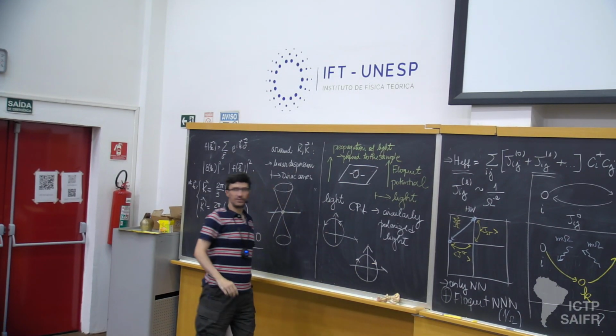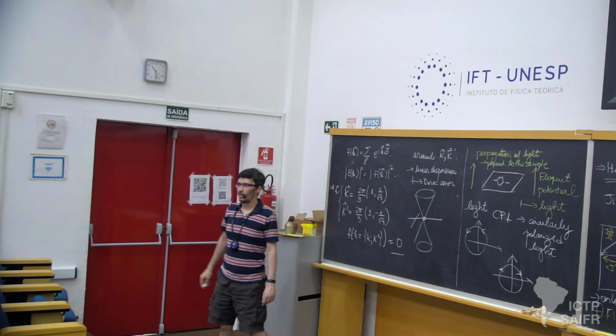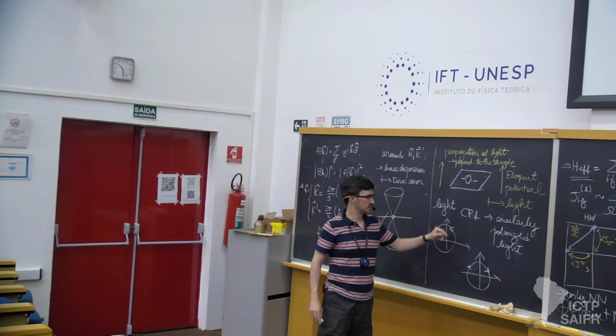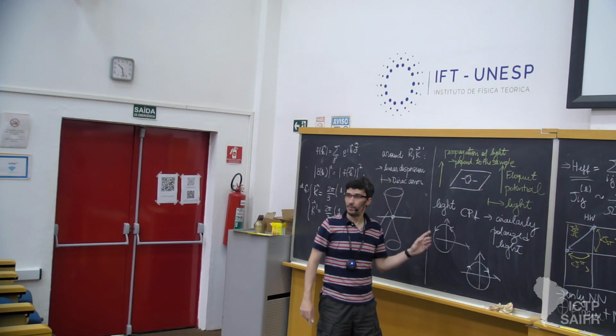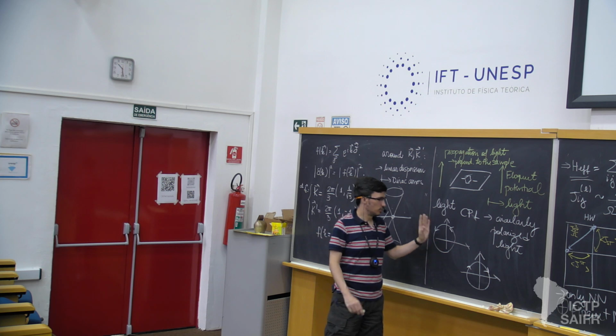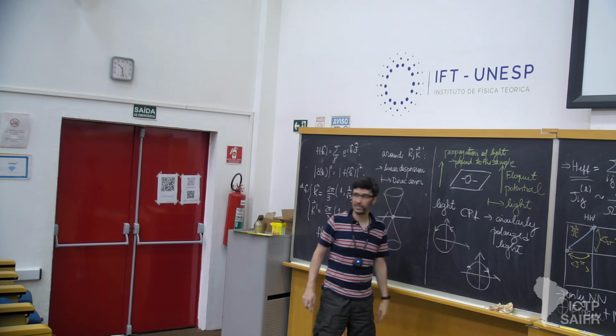One of them is left and one of them is right circular polarization, depending on whether you're looking from top to bottom or bottom to top. But for us, it won't matter much. So these are circularly polarized light.